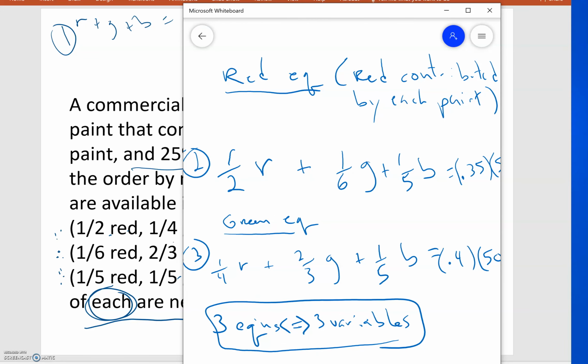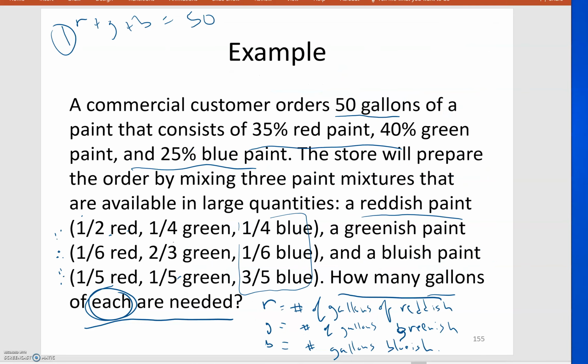Another interesting thing about this is that there are 4 possible equations we could write. Any 3 of them will work.